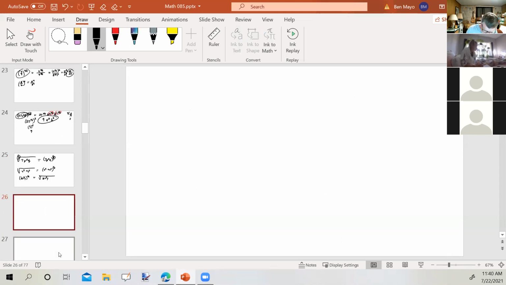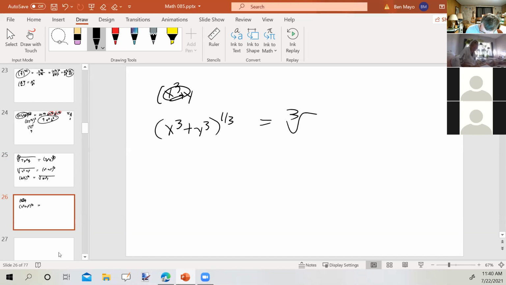Another example, x cubed plus y cubed to the 1/3 power would be the cube root of x cubed plus y cubed. So again, changing back and forth between the two forms.